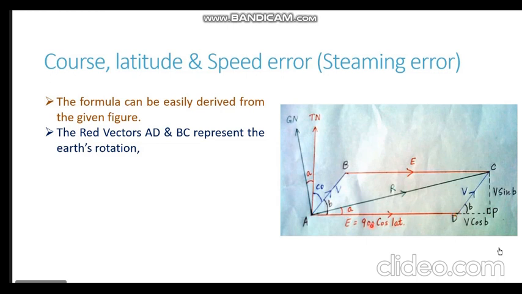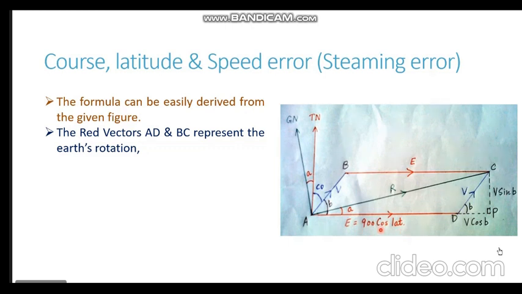And you can see here, it is mentioned as 900 cos latitude, which is the factor which gives us the rotational speed of the Earth at any particular latitude.